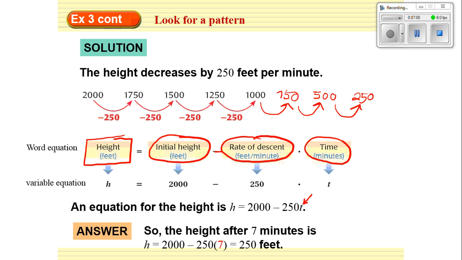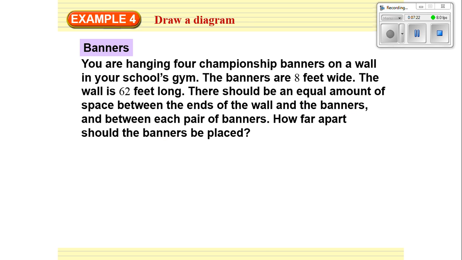And that might be okay if it's only 7 minutes, but what if it was 27 minutes or 70 minutes? By continuing that pattern, that would not be the most efficient way to solve the problem. So using the formula or finding an equation and using that equation is truly the fastest method.